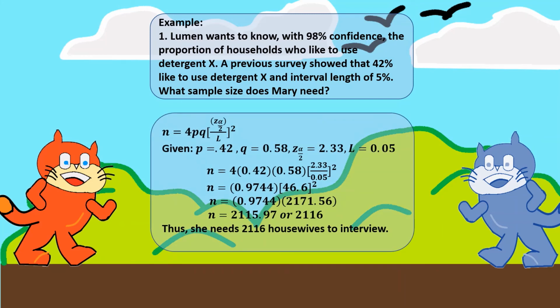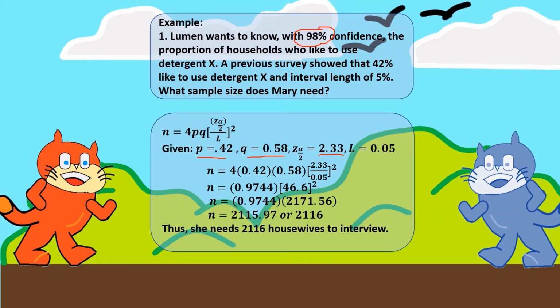For the solution, we use the formula n equals 4pq times the square of the quantity, the critical value z, all over L. So our given p equals 0.42 and our q is 0.58. Our critical value is 2.33 since the given confidence is 98%.